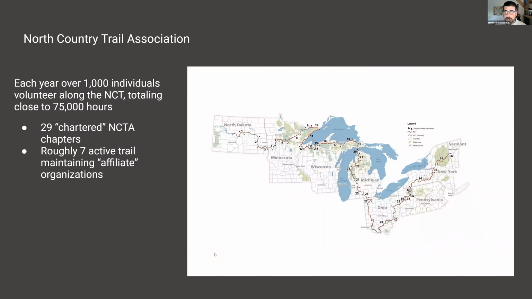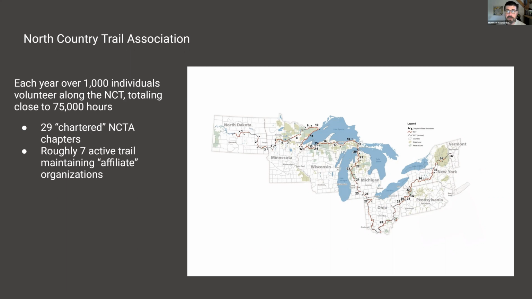So the North Country Trail Association is an interesting entity. We have well over 1,000 individuals that volunteer each year along the trail. The hours vary greatly, but here's a stat of 75,000 hours. Within the North Country Trail Association, as we're a 501c3 nonprofit, we have chartered organizations that we call chapters.